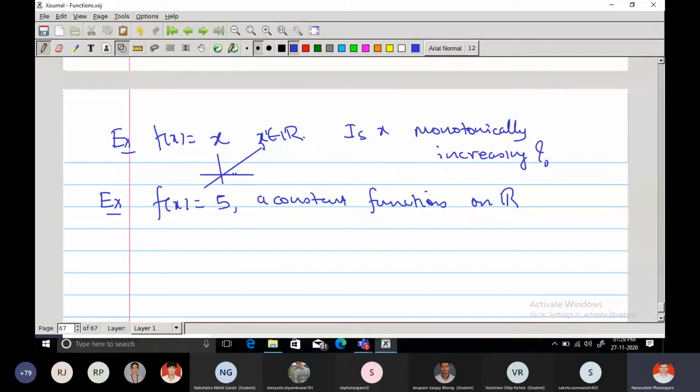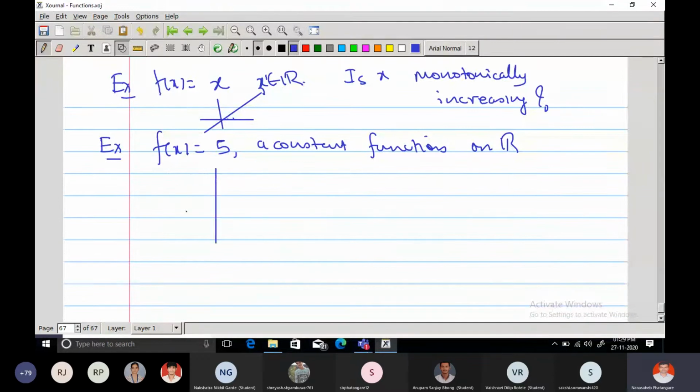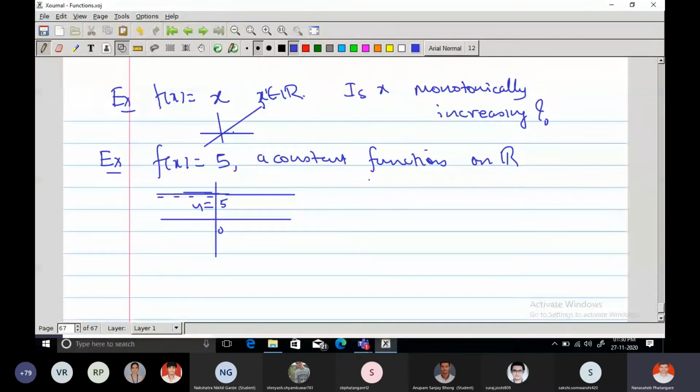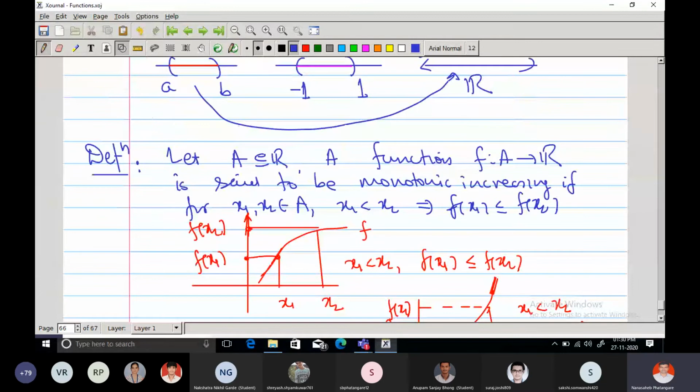Now f of x is equal to 5, a constant function. What is the graph of this function? Horizontal line, y equal to 5. Now is it monotonically increasing? No? What is the definition of monotonically increasing? If x1 less than x2, then f of x1 is less than or equal to f of x2, maybe equal, that is also fine.